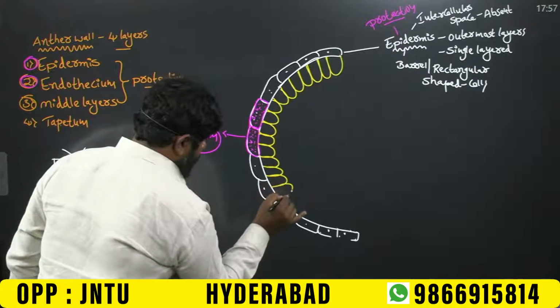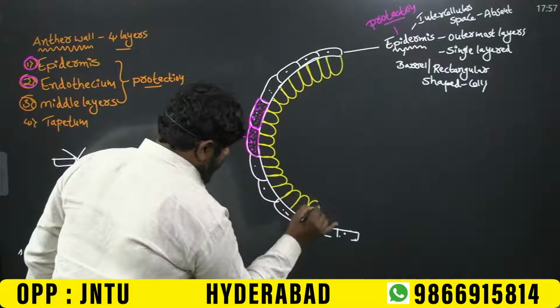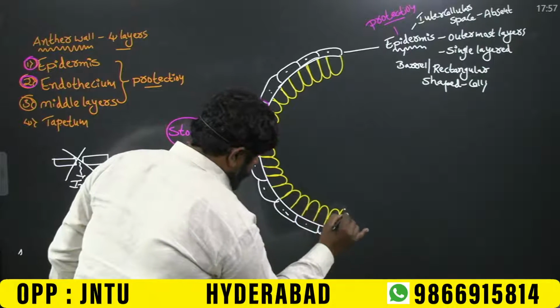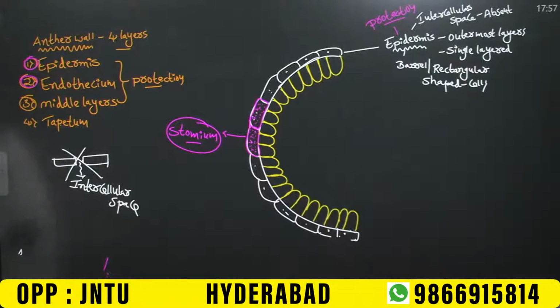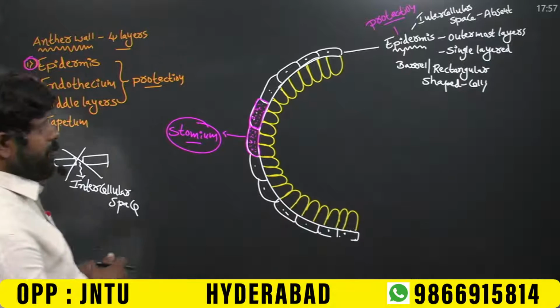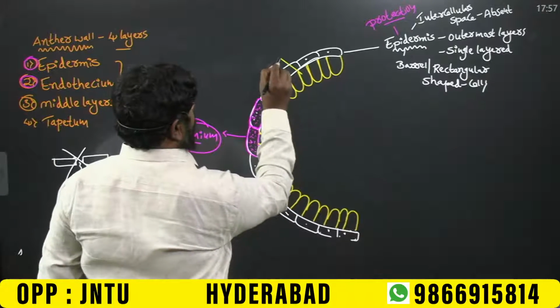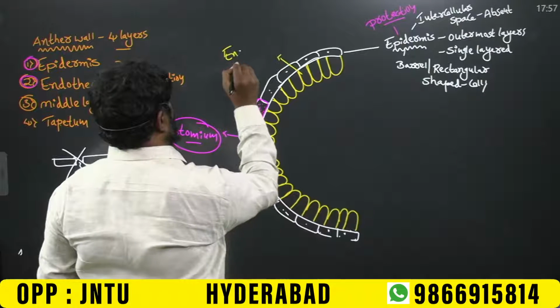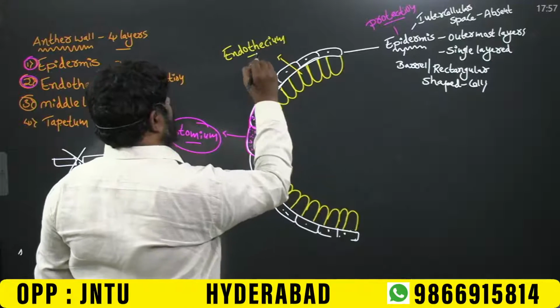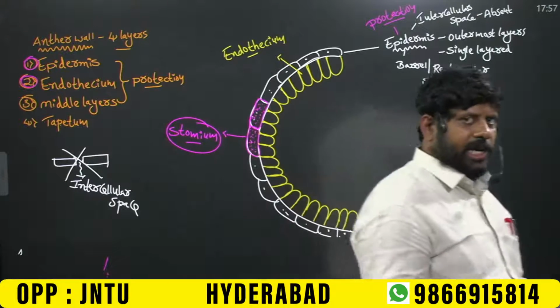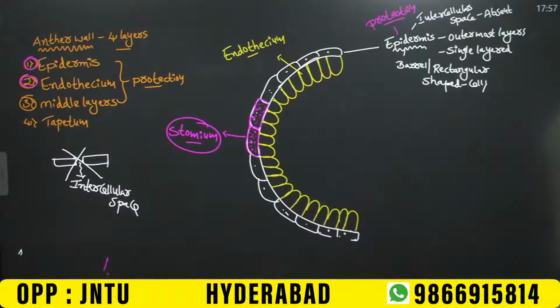See, the elongated cells are very clearly visible in the diagram. These single layered elongated cells are called endothecium.